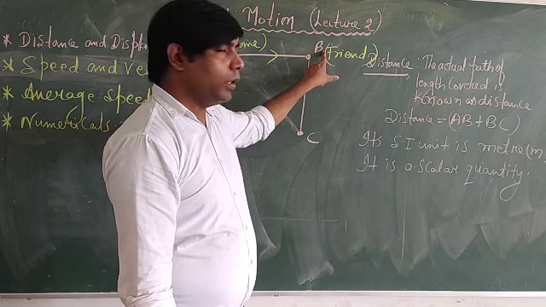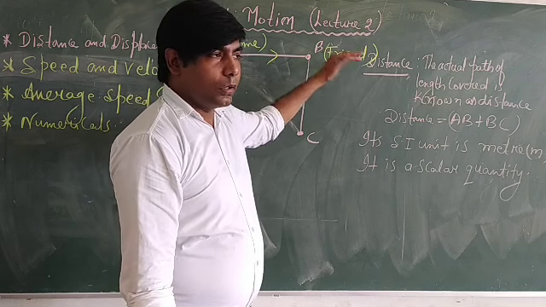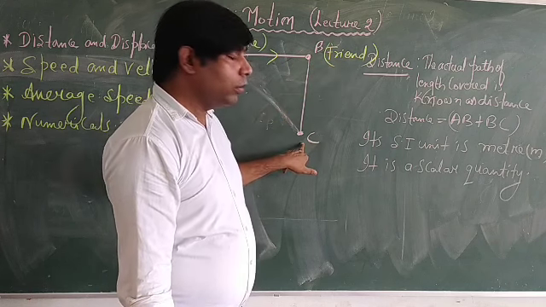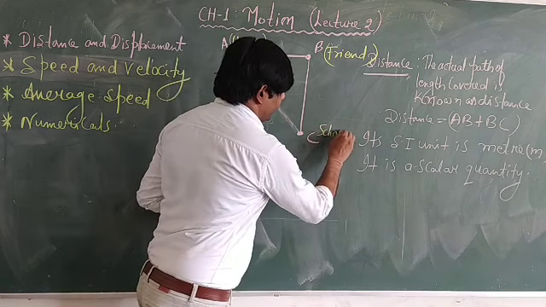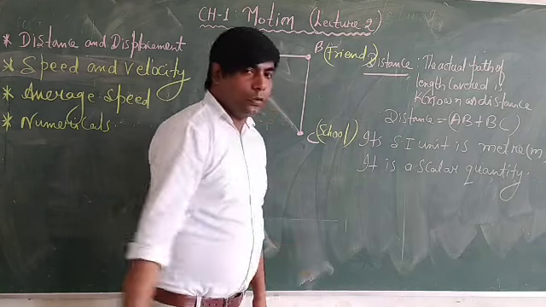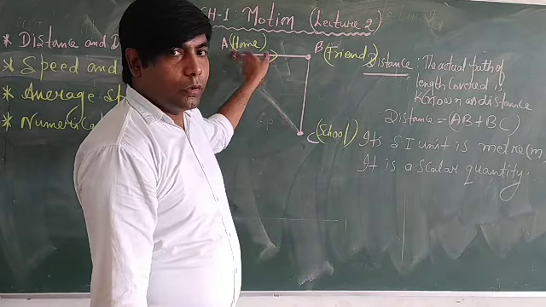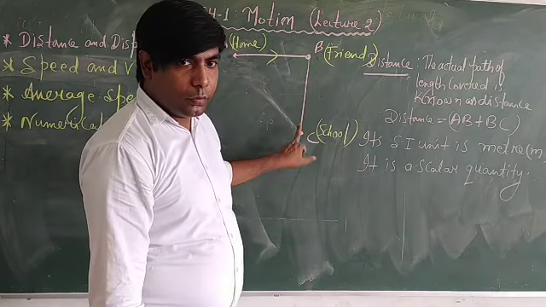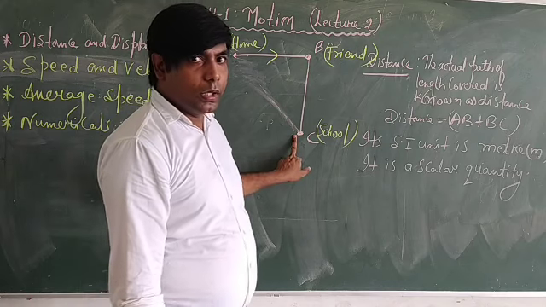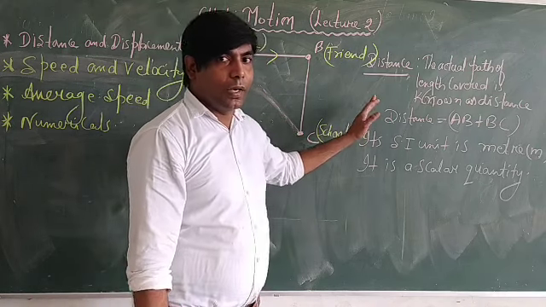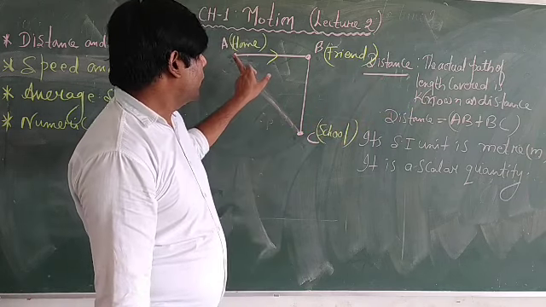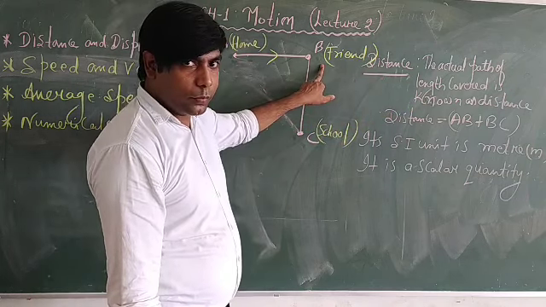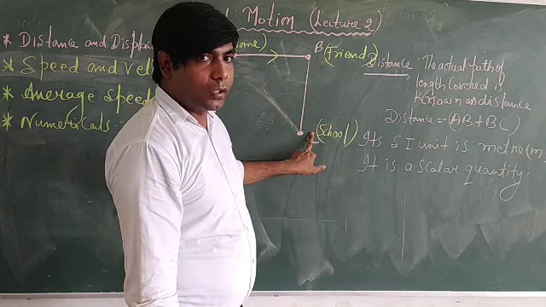Now from B, your friend's house, you are going to your school, that is at point C. So you started from your home, reached your friend's home, then finally reached school. Then distance is defined as the total path length, that is AB is one part and BC is the other part.